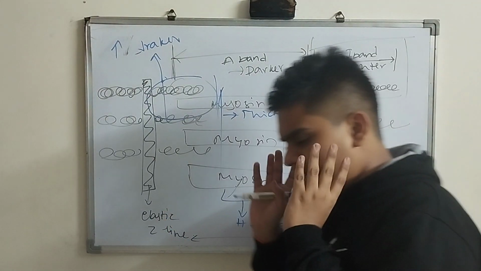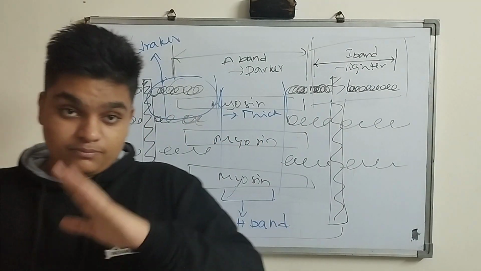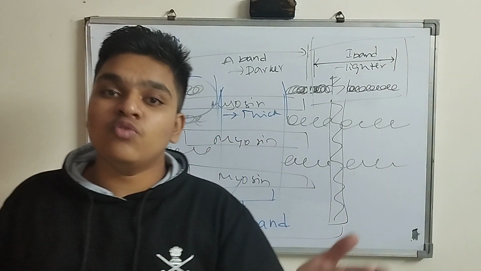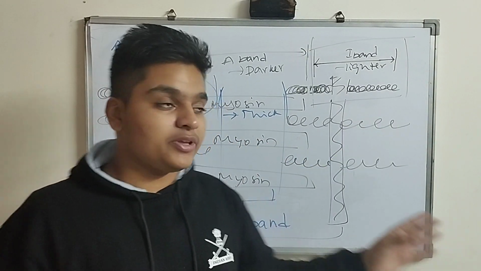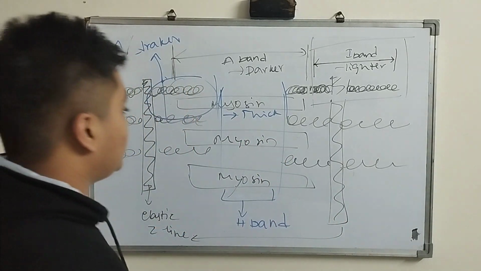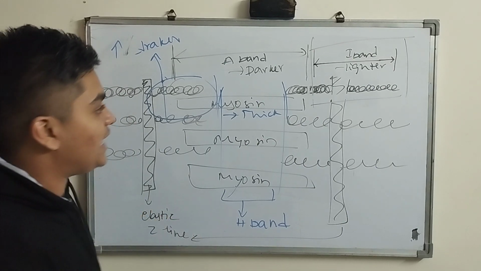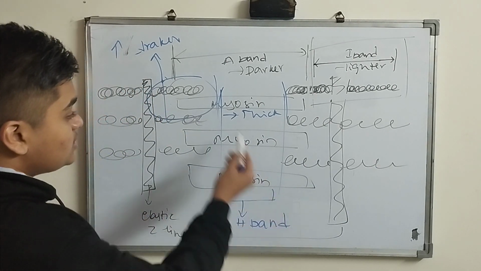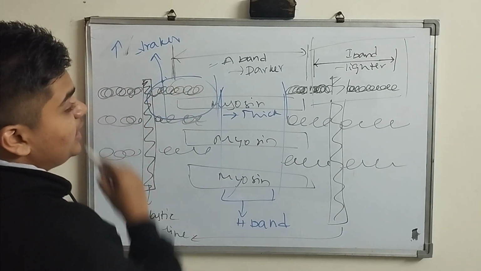I am making everything clear for you, the structure of the myofibril. Without this, we cannot move to the sliding filament theory. The structure of myosin and actin should also be very clear to you, then only I can move to the sliding filament theory. Got it now?